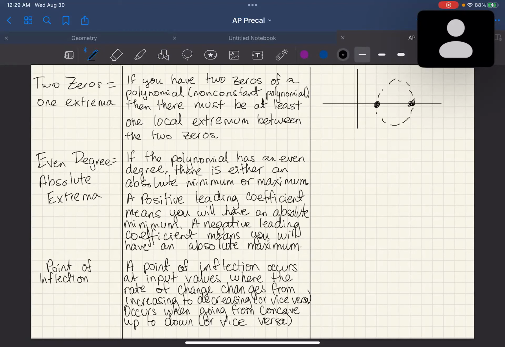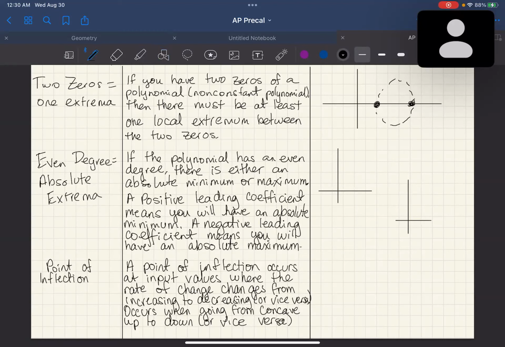Okay, I have even degrees, and then they have absolute extrema. So if the polynomial has an even degree, there's either an absolute minimum or maximum. A positive leading coefficient means you will have an absolute minimum, and a negative leading coefficient means you will have an absolute maximum. So basically, I'm going to go back to my parabolas, right?